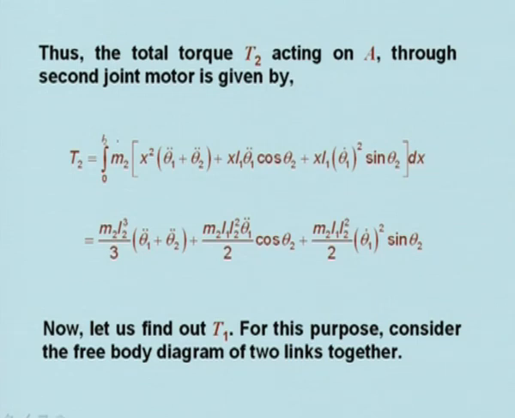If we integrate this from 0 to L2, we get m2 L2 cube by 3 times theta 1 dot dot plus theta 2 dot dot, plus m2 L1 L2 square theta 1 double dot by 2 cos theta 2, and the third term is m2 L1 L2 square by 2 theta 1 dot whole square sin theta 2.